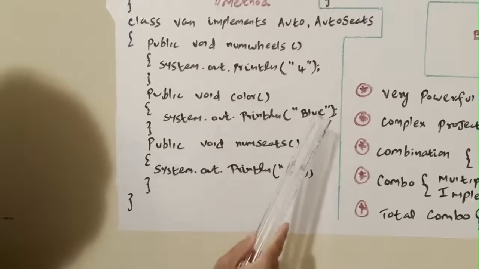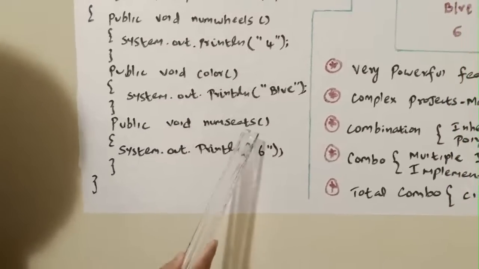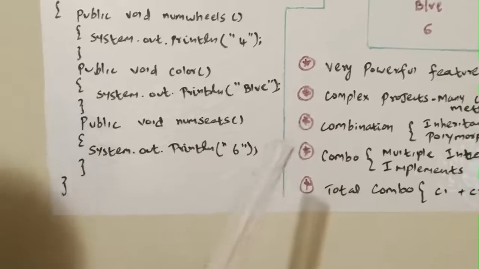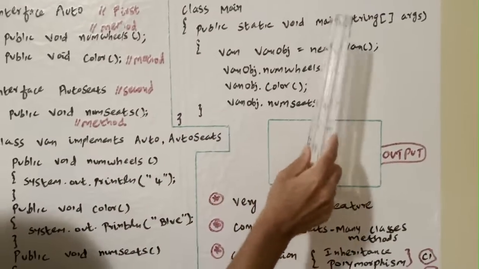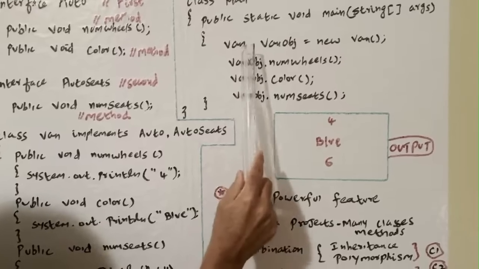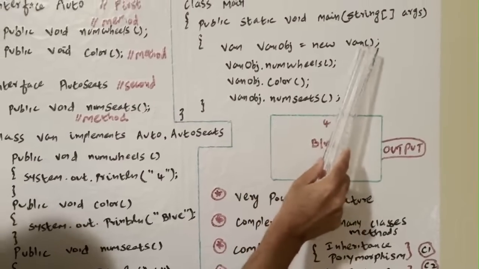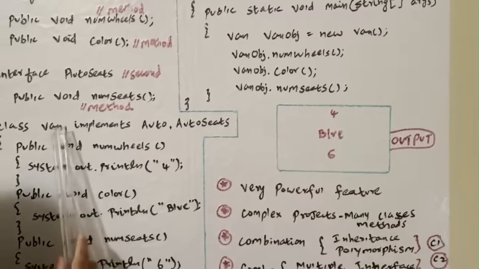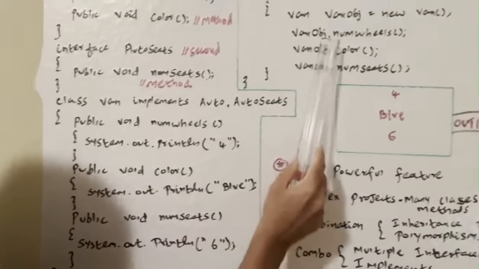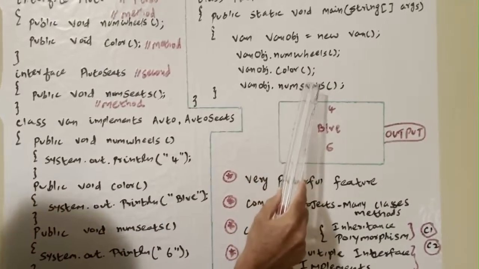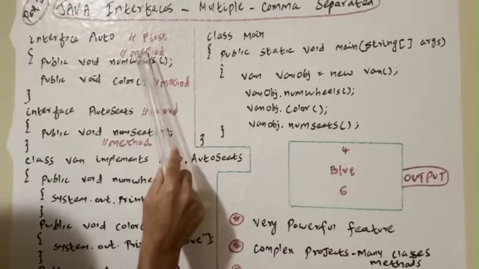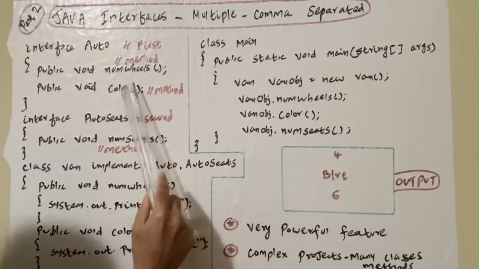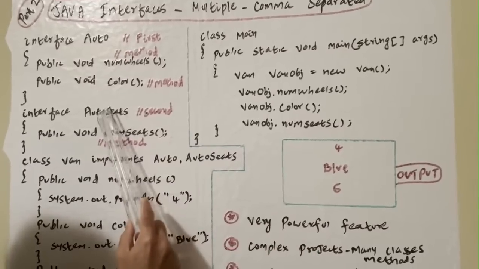Public void color, blue. Public void numberOfSeats. Then you use the main program, public static void main. You are defining the Van object equal to new Van. VanObj dot, we are calling all the three methods from different interfaces. Number of wheels and color are from the first interface, number of seats is from the second interface.